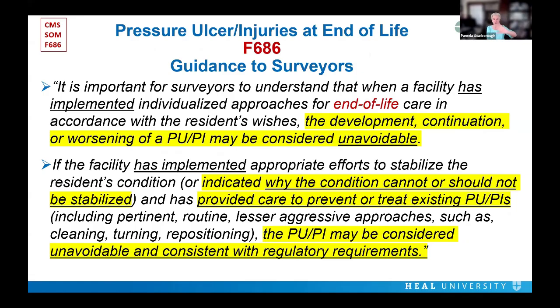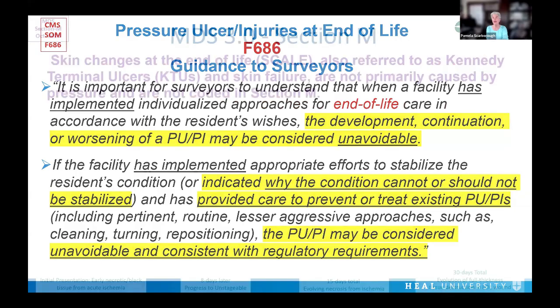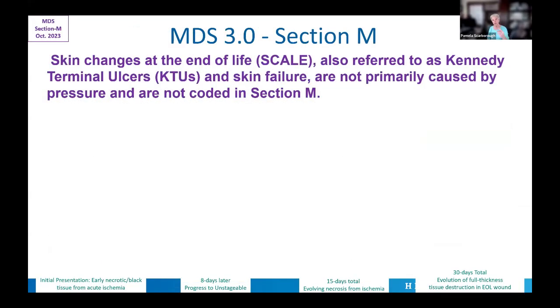Going back down to the very bottom, when this happens, that pressure ulcer injury may be considered unavoidable and consistent with the regulatory requirements. But you have to prove that it was not a pressure injury. That's what we have to do in long-term care. Our documentation and interventions have to show that the pressure injury was unavoidable because we put in all the care planning and were consistent with the monitoring and the documentation.